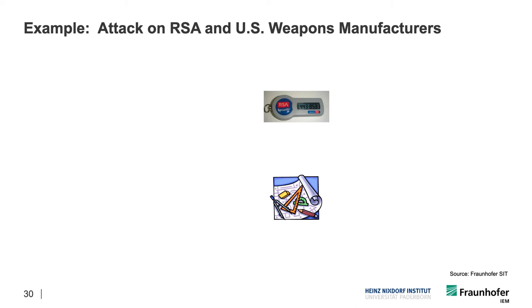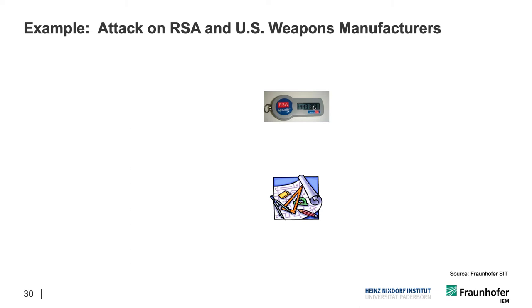There's a company called RSA that produces these tokens that you can see here. It's basically a two-factor authentication system, which you may have seen from many websites by now, right? The idea is that in order to log into this network, you not only need a logon and password combination, but you also need to have access to such a physical token.